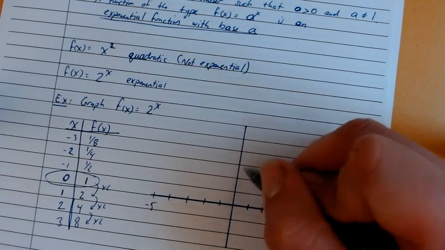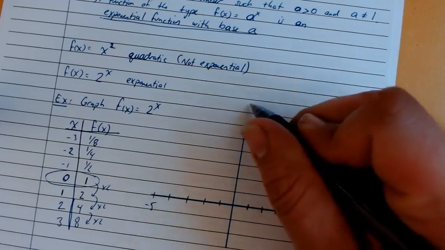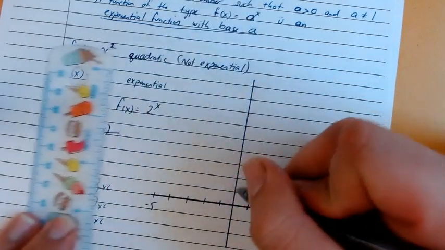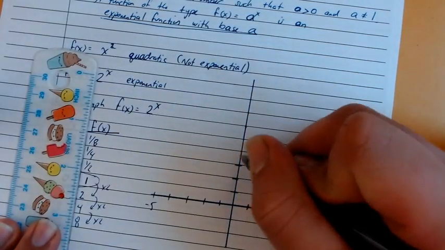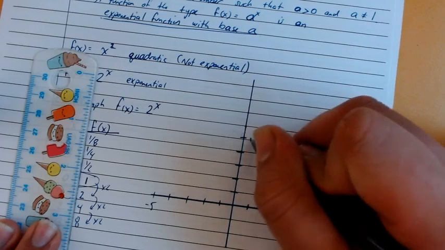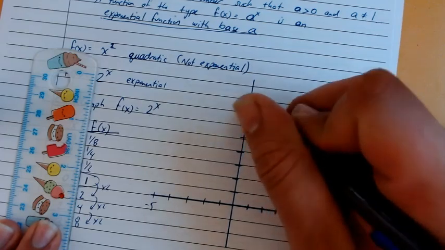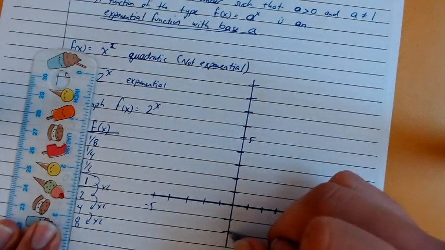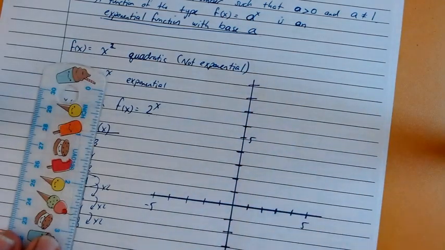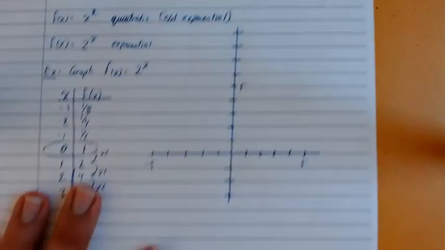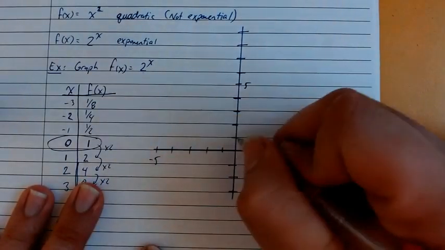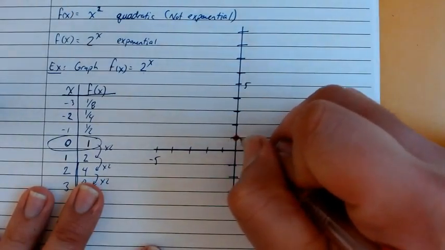Let's see. 1, 2, 3, 4, 5, 6, 7, 8. Let me go up a little higher. 1, 2, 3, 4, 5, 6, 7, 8, 9, 10, and 1, 2, 3, like this. All right, so let's plot some points. 0, 1, well, that's the y-intercept. 0, 1 is on the y-axis.